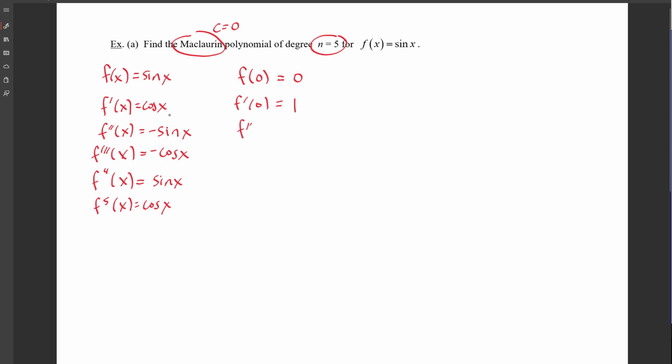F double prime of 0 will be negative sine of 0, which will be 0. F triple prime of 0 will be negative cosine of 0, which will be negative 1. The fourth derivative at x equals 0 is going to be 0, and the fifth derivative at x equals 0 is going to be 1.